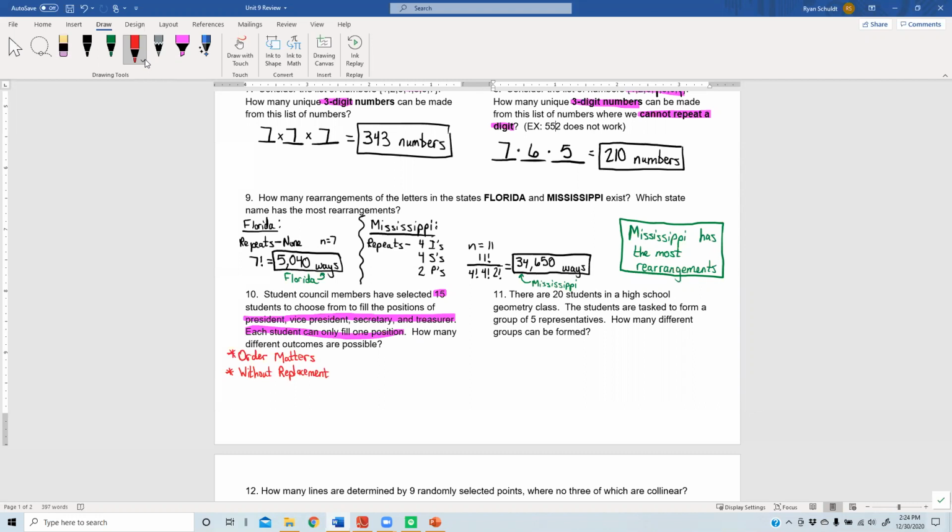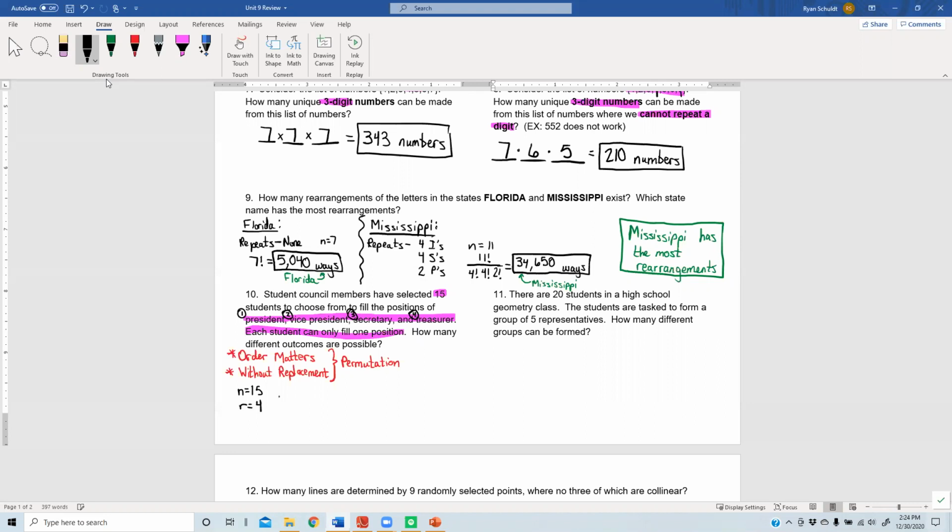What does that make this? That makes this a permutation. So let's see. How many are we picking from? We're picking from 15. How many are we actually picking? Well, we've got 1, 2, 3, 4. So we're picking 4.